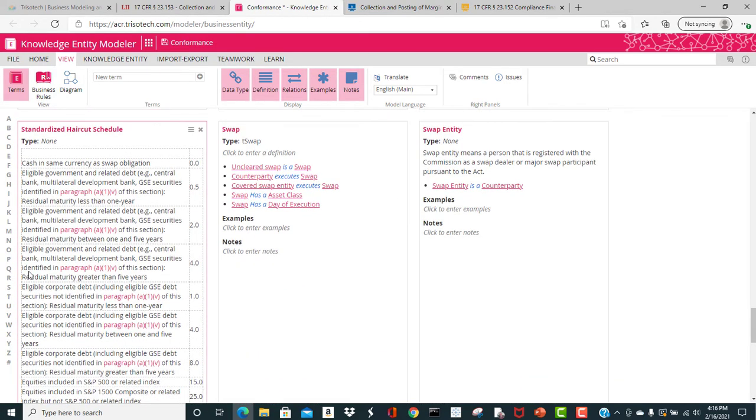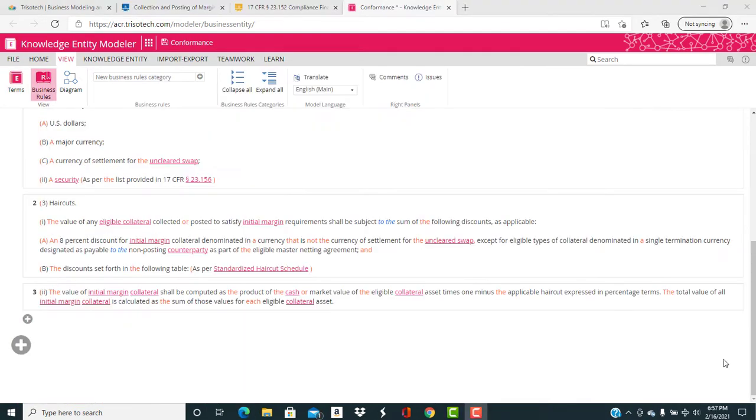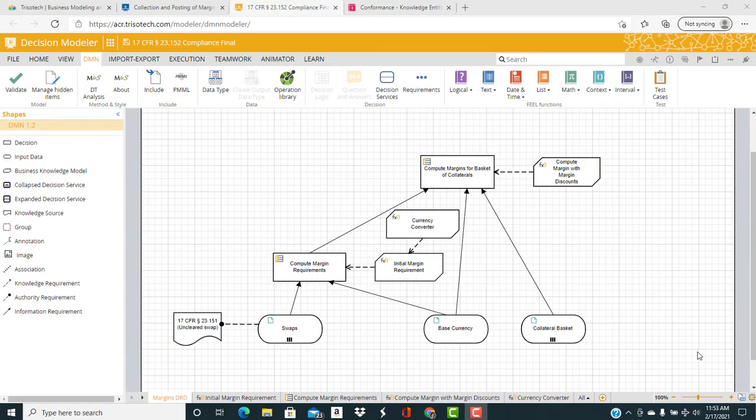Down here, from basically the decision table that's in the regulation, we have a type of collateral, cash, eligible government or related debt, etc., and a percentage discount that needs to be applied as a haircut against that collateral. And rule number 3 computes the market value of the eligible collateral assets based on the haircut from that decision table. So let's look at the decision logic that implements those 3 rules.